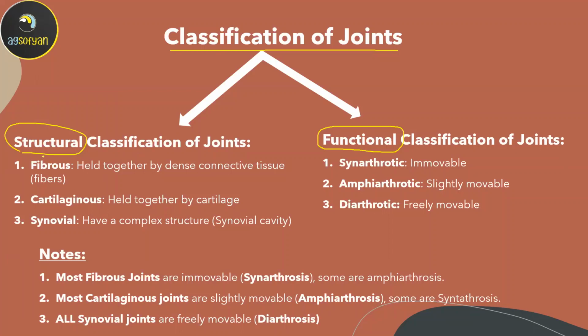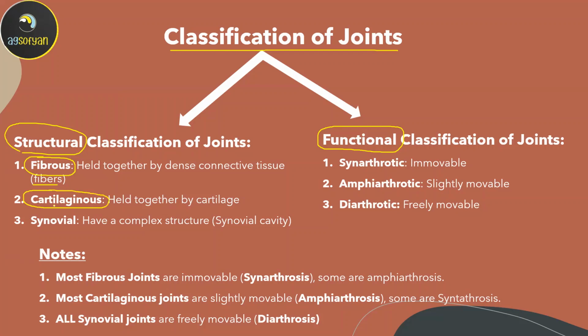The first one is called the fibrous joint. This name tells you there is fibrous connective tissue that joins one bone with another bone. The second type is called the cartilaginous joint.